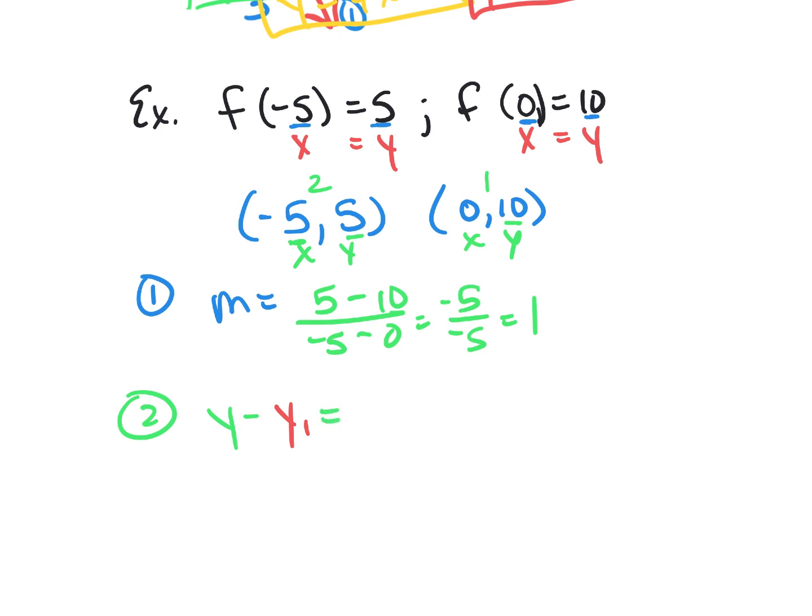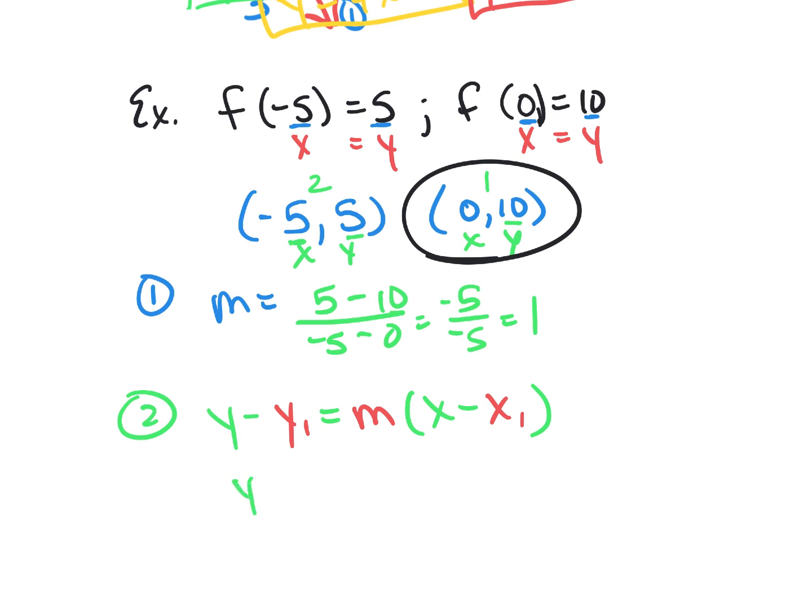So I'm going to use my point-slope, right? So y minus y1 equals m times x minus x1. And then use any of the ordered pairs. I'm going to use this guy right here because I don't want to deal with the negative. Just pick one. It doesn't matter.